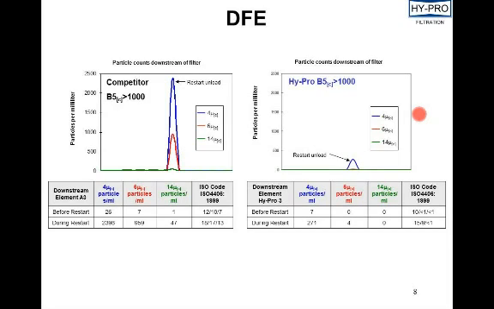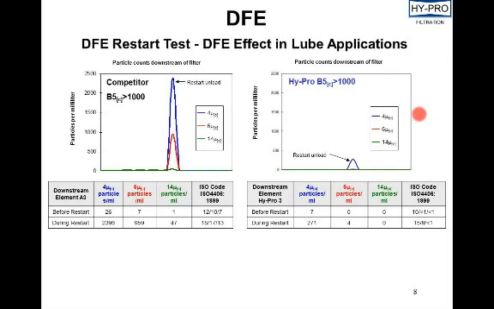Also, when we conduct a DFE test, at the end of the test, we stop the flow rate, we take it down to 0, and then we turn off our injection, and then we wait for 30 seconds or we wait until we achieve a cooler temperature. And then we do what we call the DFE Restart Test, which is we go from 0 to 100% of rated flow rapidly, and then we count particles downstream of the filter element.